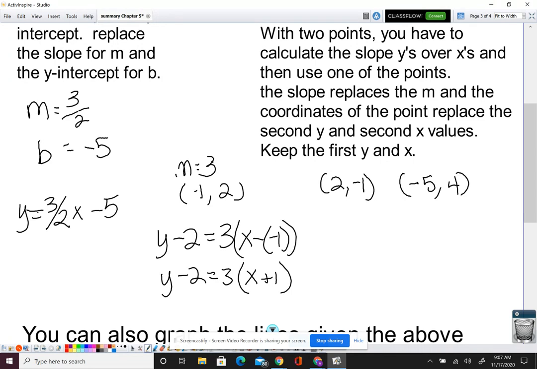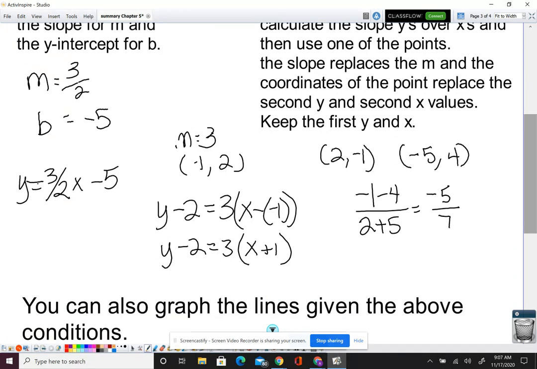Then, if you're given 2 points, the first thing you have to do is calculate the slope. Notice in both of these, we had to know the slope. Same thing in this one, we have to know the slope in order to do that. So we take our difference in our y's over our difference in our x's, and we get -5 over 7.